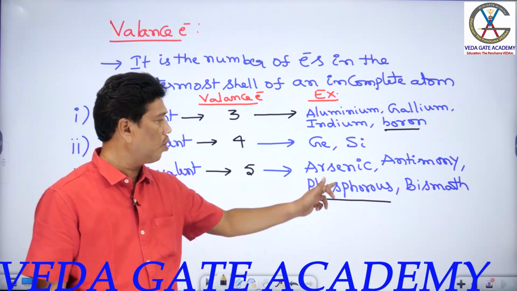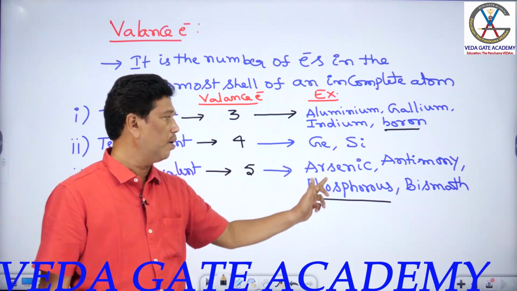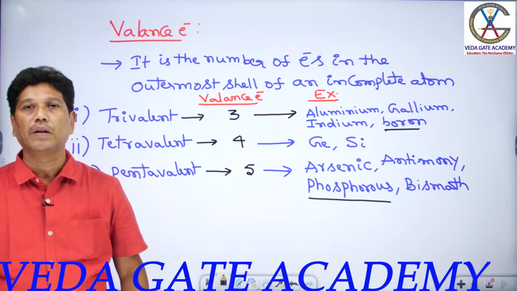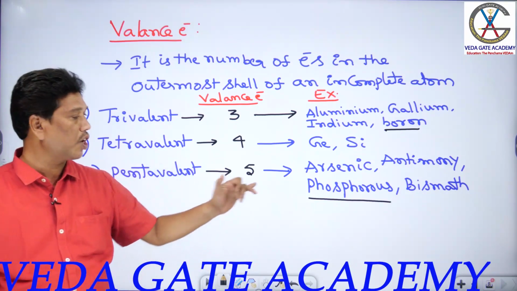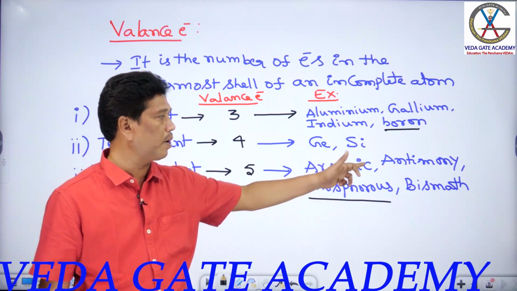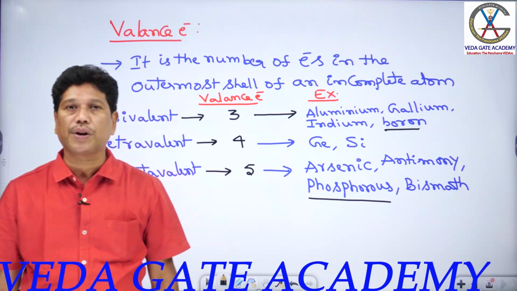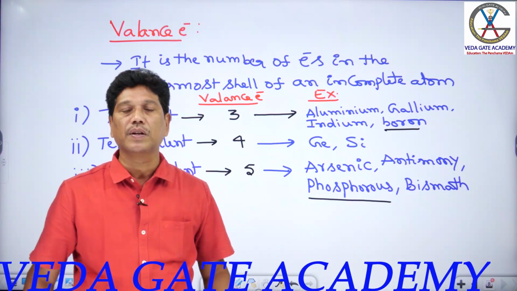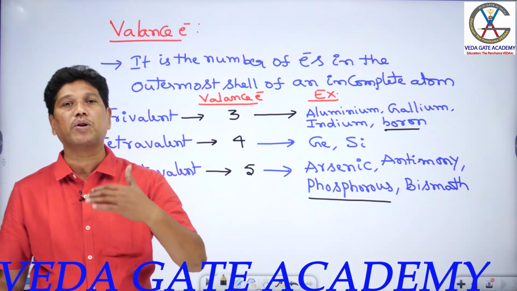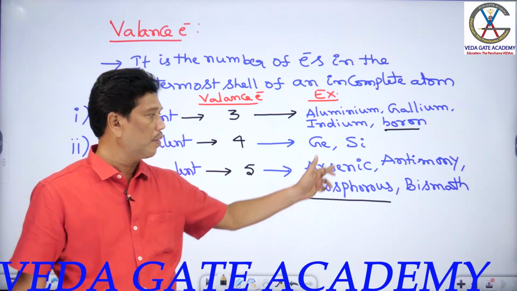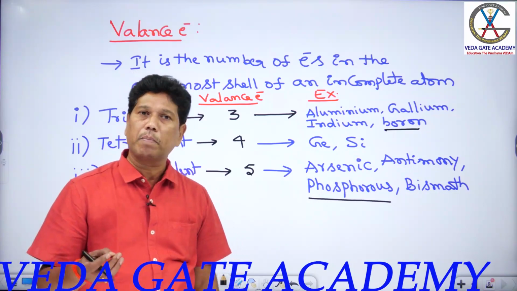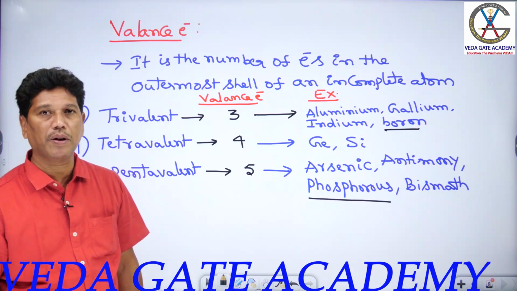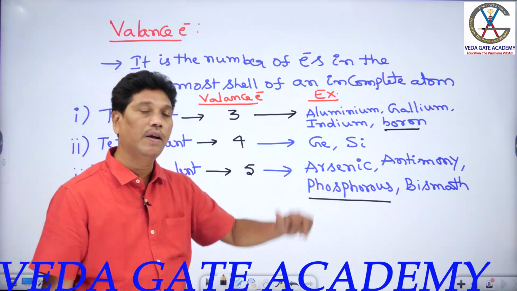Why? Like boron, among all the pentavalent impurities, phosphorus has a small energy gap. The energy gap for phosphorus is less as compared to other pentavalent impurities. So even at less energy, it is able to generate the carriers. The most preferred pentavalent impurity in IC fabrication technology for N-type fabrication is phosphorus.